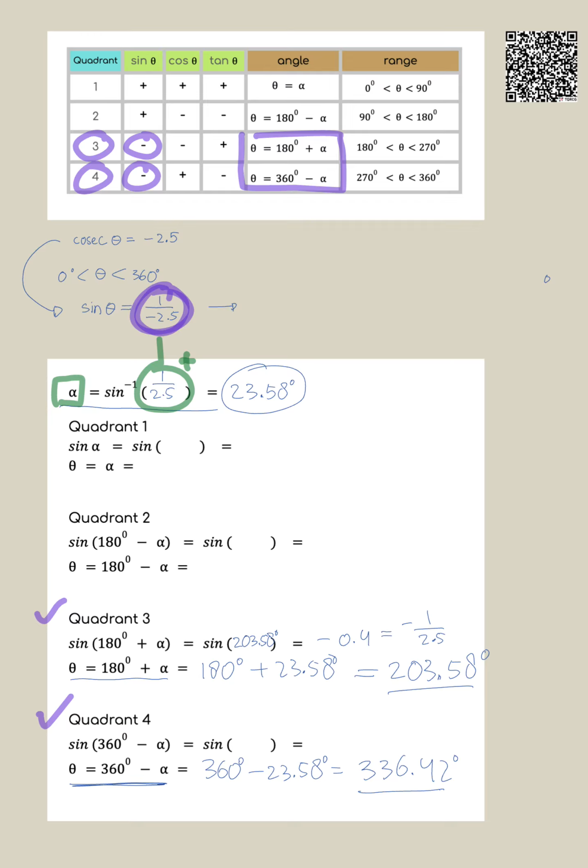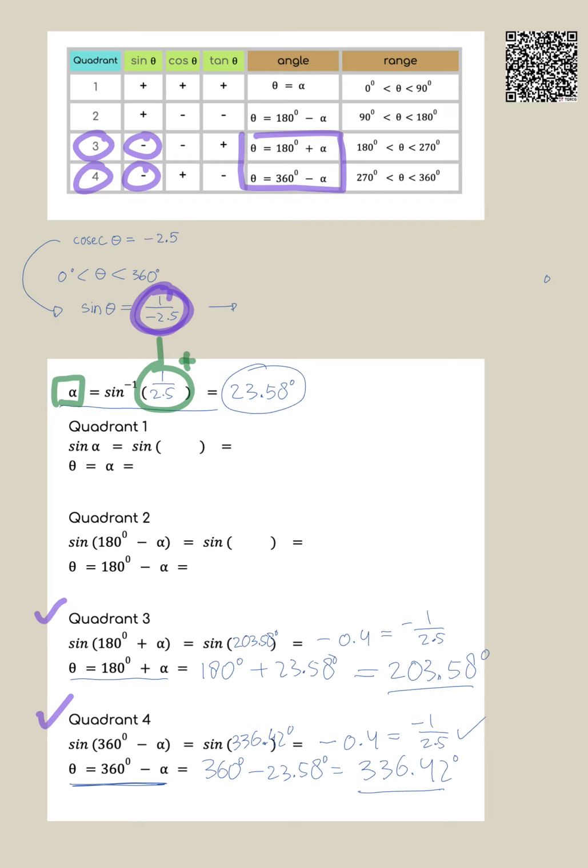How about quadrant 4? We can check for that also. Sine 336.42. Let's press the calculator. Sine 336.42. You will get also negative 0.4, which is negative 1 over 2.5.